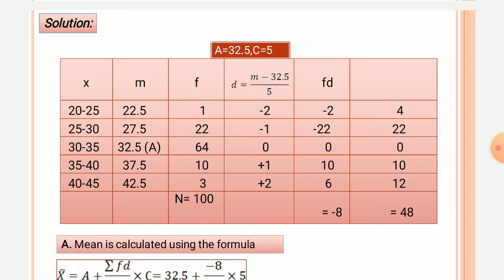That can be calculated as d equals (M minus A) by C. A means the assumed value which is taken from the calculated mid values, and C means the class interval difference.